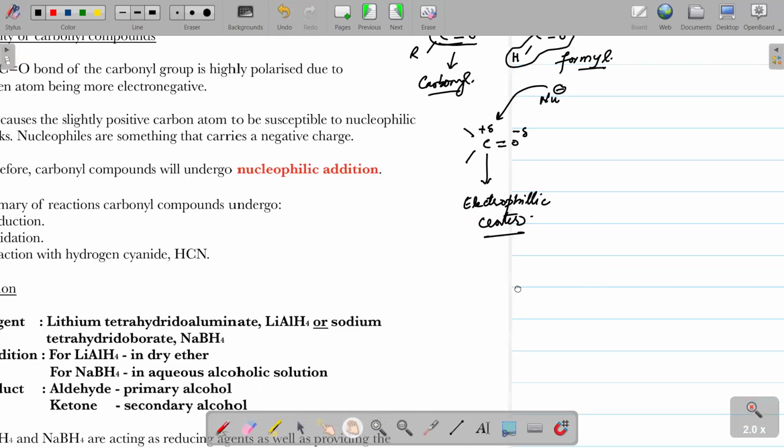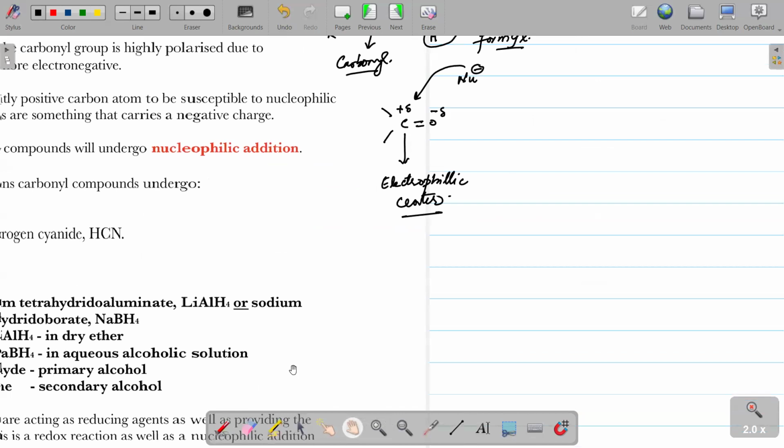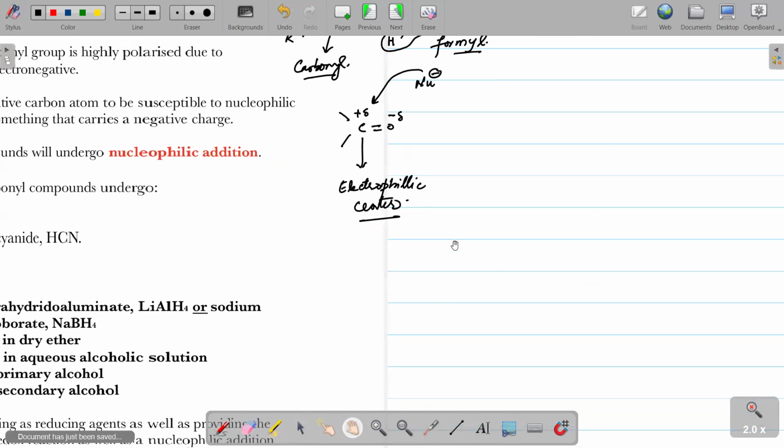So when a nucleophile reacts with these aldehydes or ketones, this nucleophile will attack on this partial positive carbon atom. So for reactions, we can say that there will be nucleophilic addition reaction. Why are we calling it nucleophilic addition reaction? Suppose, for the sake of understanding, we take this carbonyl group, the partial positive, partial negative, and we have this reagent which can produce a nucleophile, right?